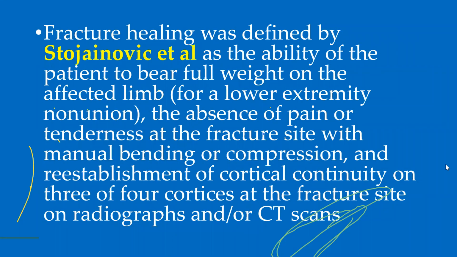Fracture healing was defined by Stojanovic et al. as the ability of the patient to bear full weight on the affected limb. Example for a lower extremity: the absence of pain or tenderness at the fracture site with manual bending or compression, and re-establishing of cortical continuity on 3 or 4 cortices at the fracture site on radiographs and on CT scans.